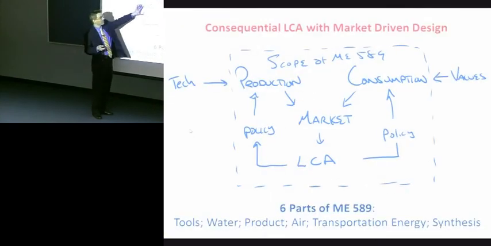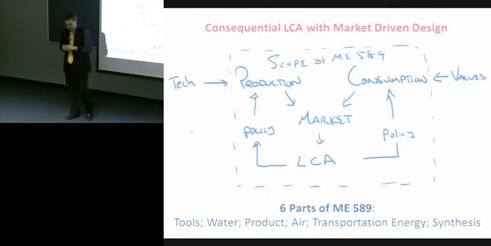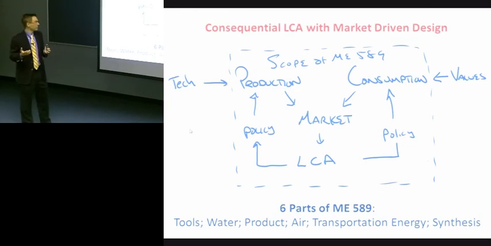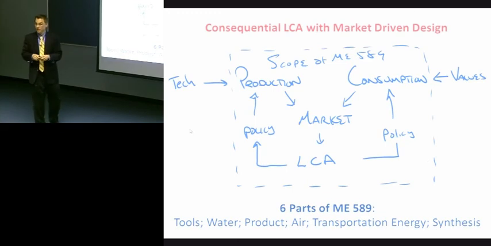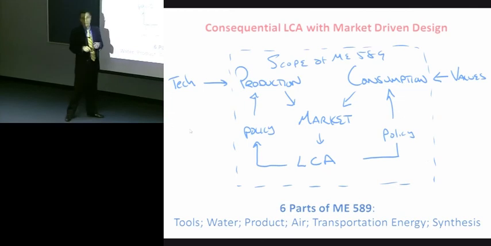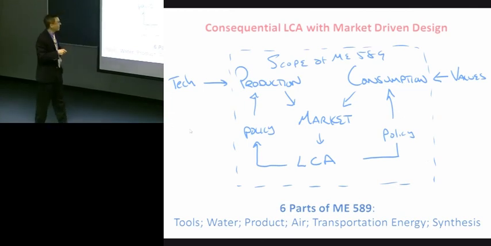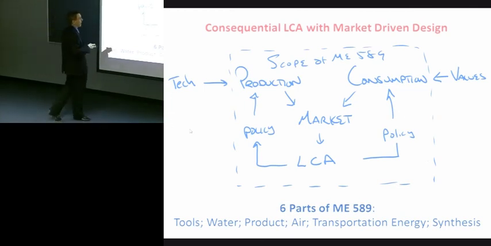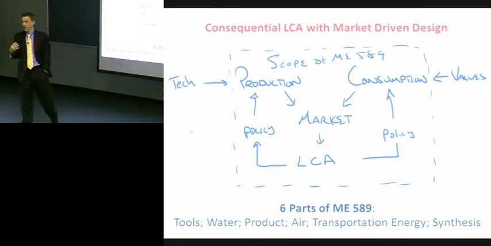So generalizing that system, that was a system for cars, and I realized that we needed a more general system, so I quickly drew this up. This is what we're doing within the scope of ME 589. In the broadest terms, we're thinking about production, we're thinking about consumption, we're thinking about how they come together in the market, how the market leads to emissions throughout the life cycle and through the supply chains and in the end of life.